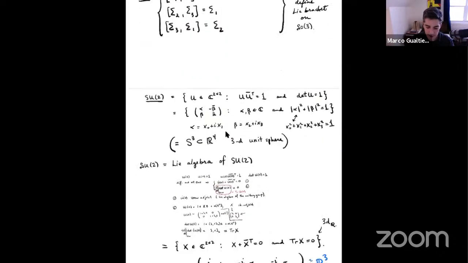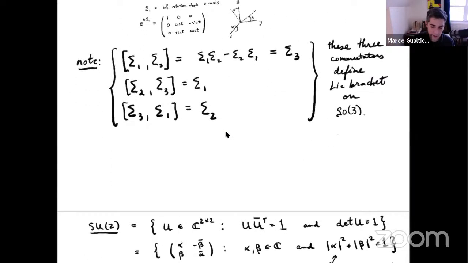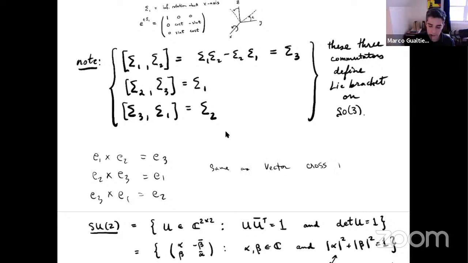And you may recognize this. This is exactly the vector cross product on R3.